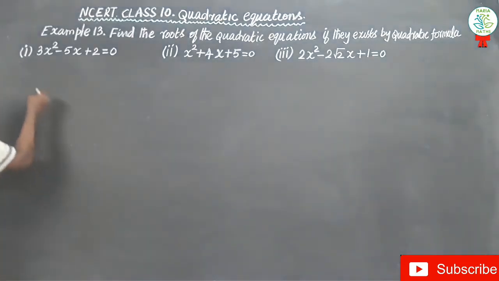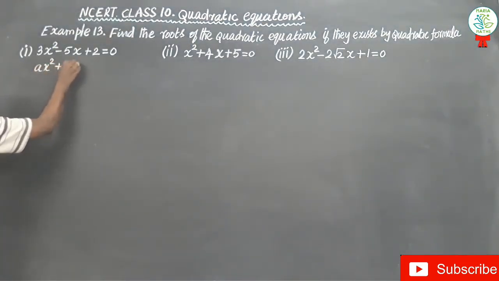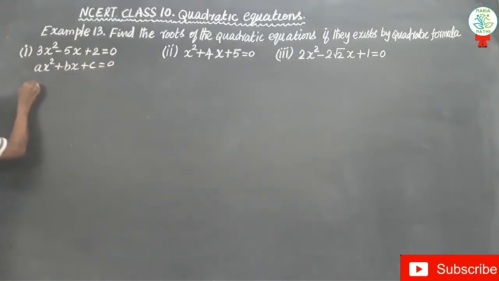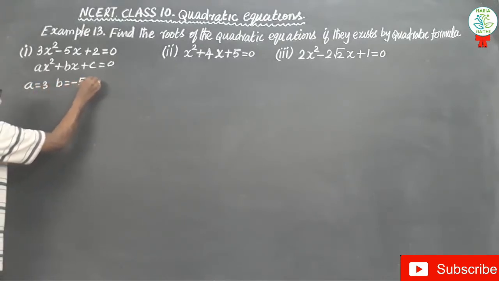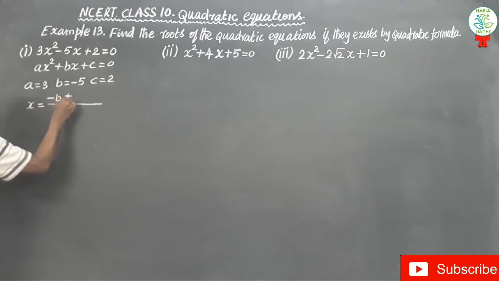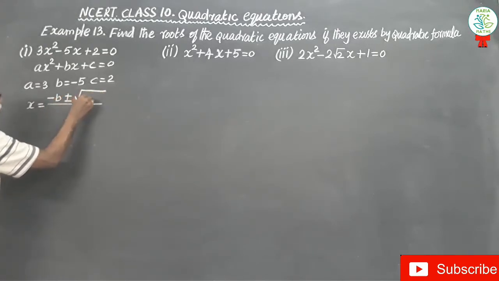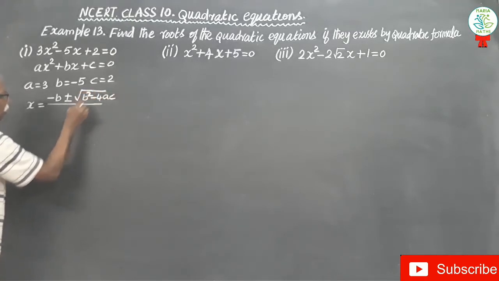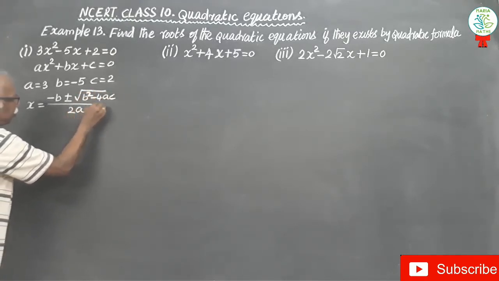First, compare with the standard form ax square plus bx plus c equal to 0. Therefore a equal to 3, b equal to minus 5, c equal to 2. x is equal to minus b plus or minus square root of b square minus 4ac by 2a.